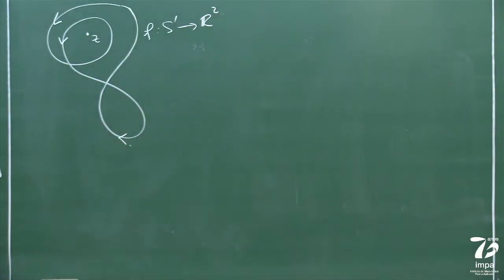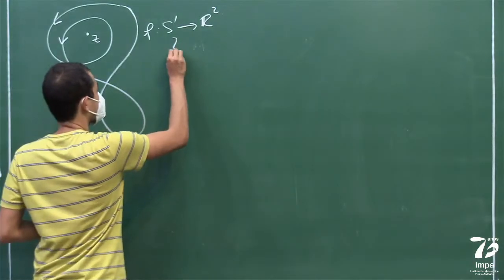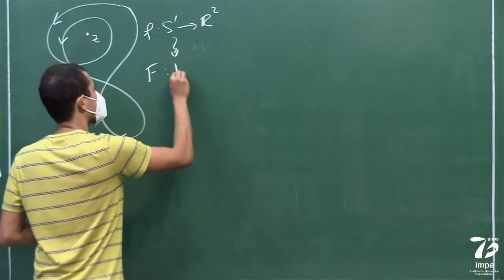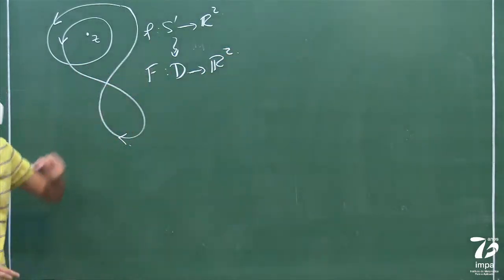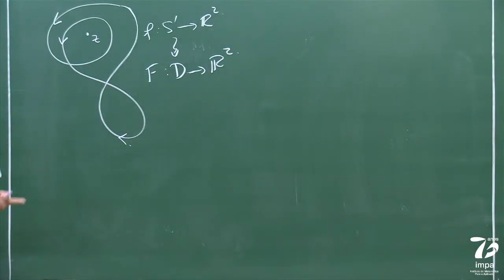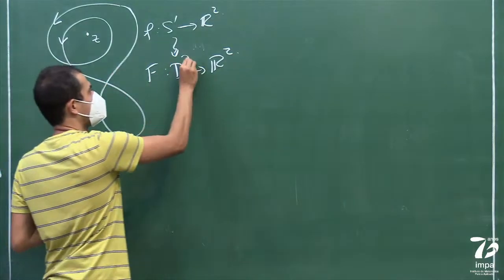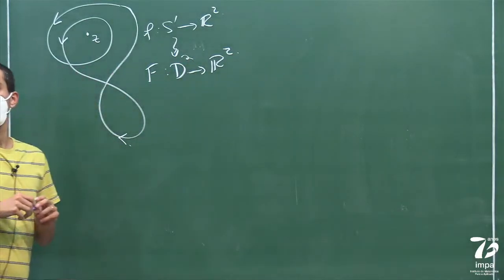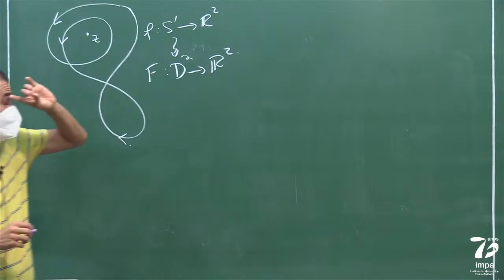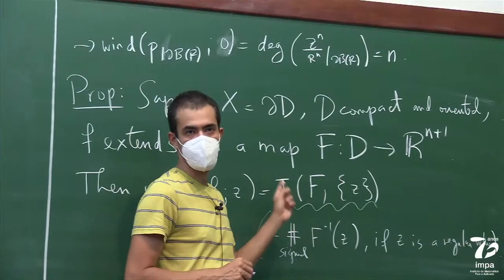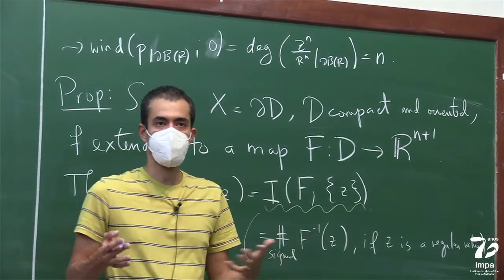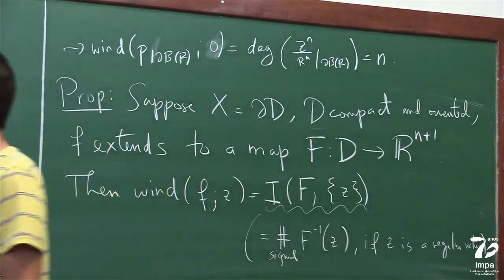And now I can think about extending the map F to a map of the disk. And the point was F did not touch the point Z, but the extension of the map to the disk will. As long as the degree, the winding number, is different from 0, then this number has to be different from 0, which means that F has to hit this point at least.